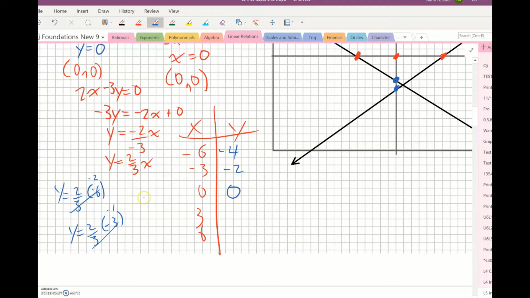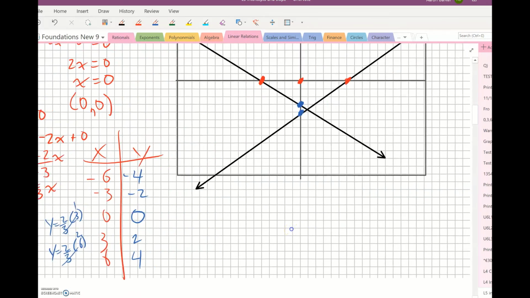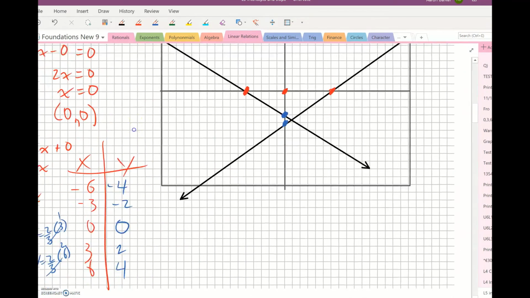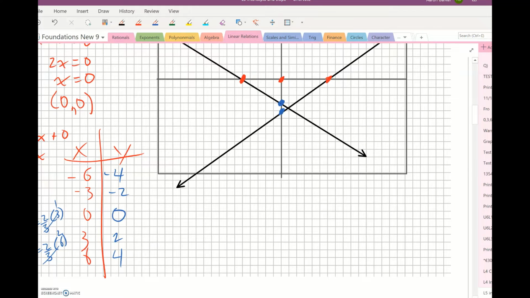And then for the 3 one, y equals 2/3 times positive 3, so it's positive 2. y equals 2/3 times positive 6, that's positive 4. So now we can plot those points. We cannot do axes intercepts for this graph because we don't know enough information. Since it goes through our origin, it can be going anywhere.